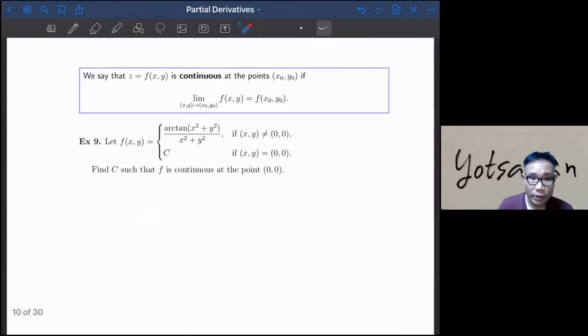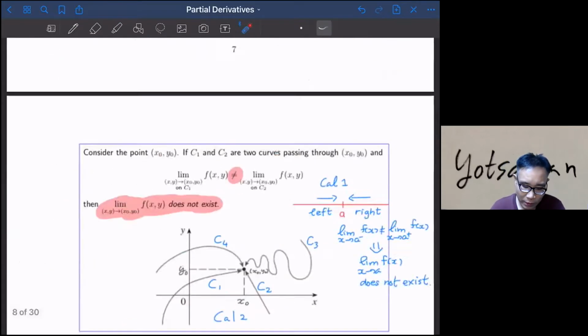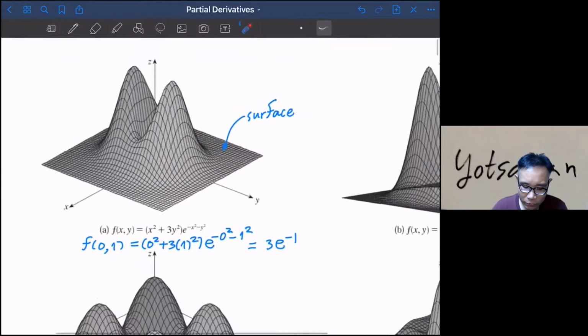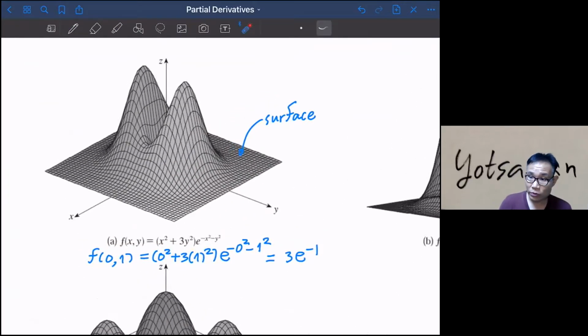The last thing for this script is about continuity. When you have a nice surface like we have seen on the first page, the surface is without any hole at all, and without any jump.